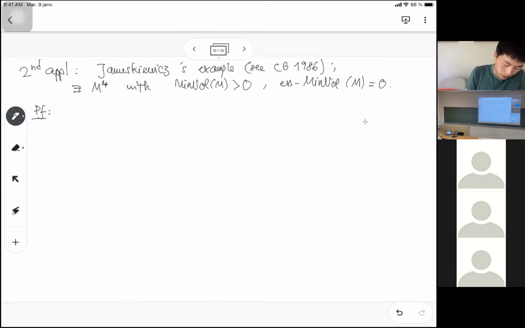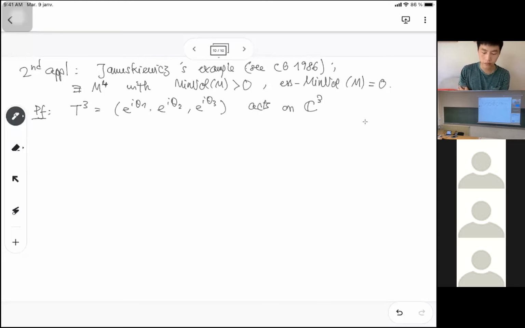So how does this example work? You take a 3-torus, given by say 3 different independent angles. A 3-torus acts on C^3 in the usual way. So you rotate each coordinate of C^3 independently.